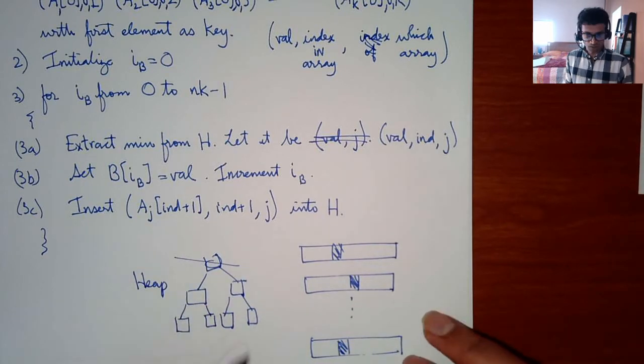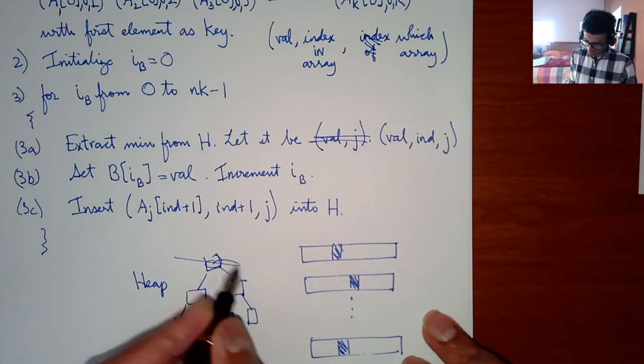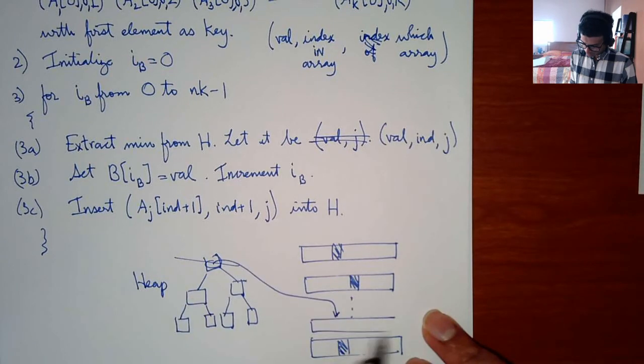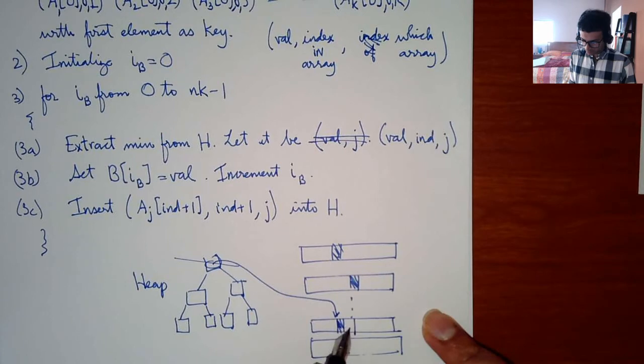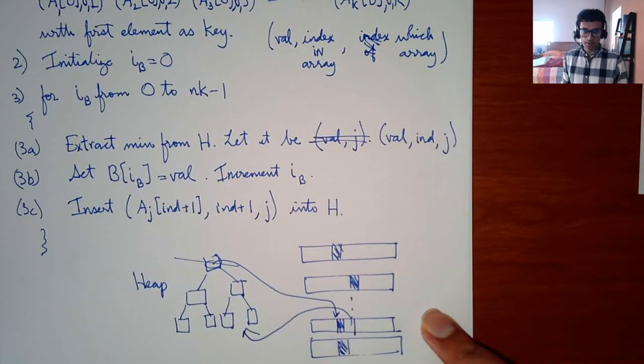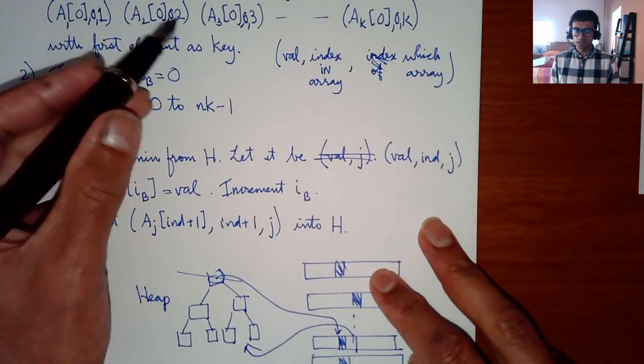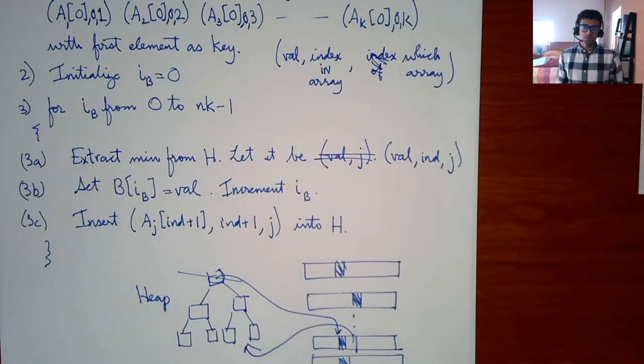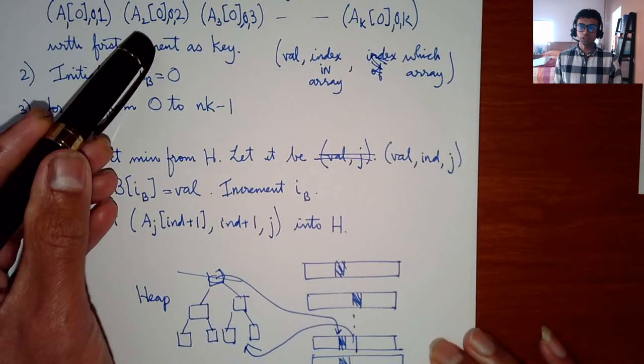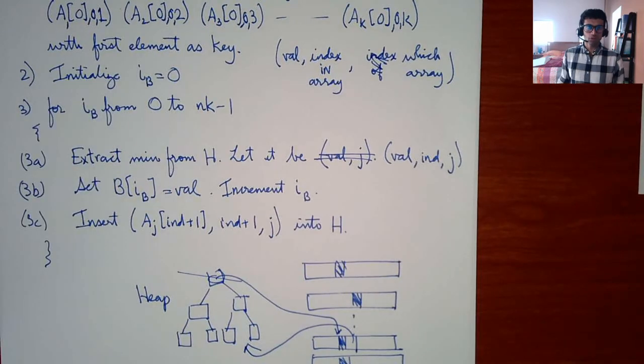Remove this and rearrange the heap. And let's say this was some element here, part of this array. What we now need to do is take the next element and then stick that back into the heap. And so the extra indices and the other things in this object are basically keeping track of which is the next element to insert. Any questions?